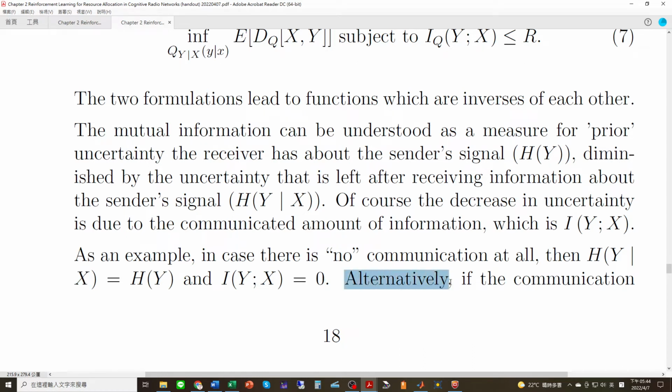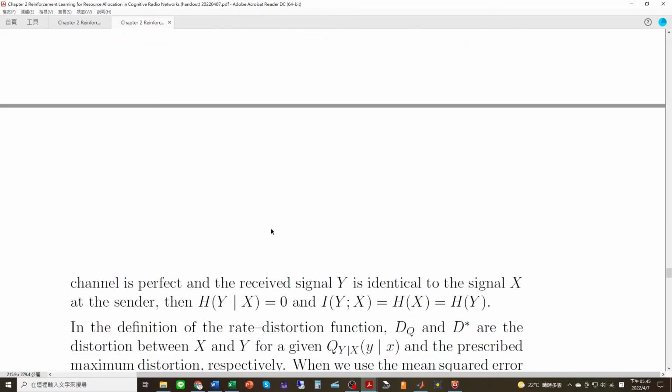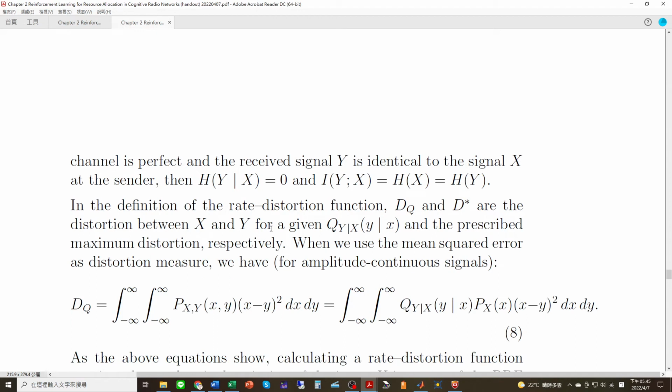Alternatively, if the communication channel is perfect and the received signal y is identical to the signal x at the sender, then h of y given x is equal to 0, because given x we totally know y, because y is equal to x.